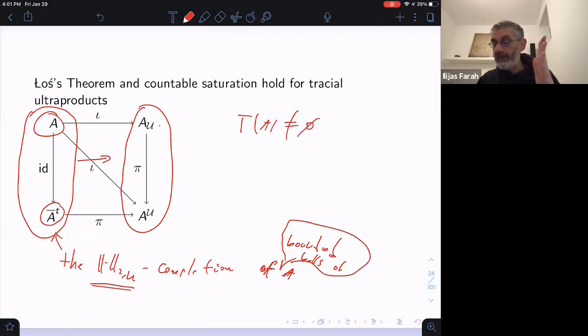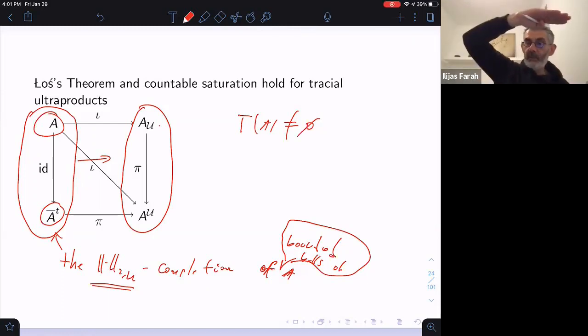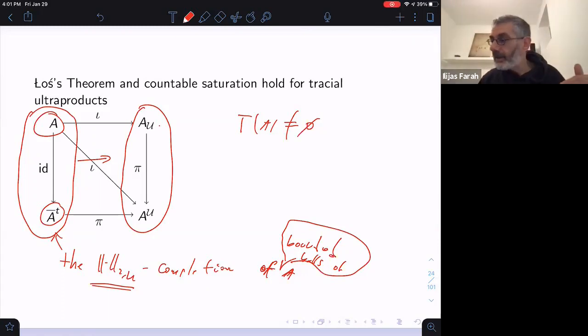Every formula that talks about these two structures simultaneously, how do you evaluate it? You just pull it back to the original pair, A and A's tracial completion, evaluate at each coordinate, and along the ultrafilter you take the limit, and that is the value. Also, this pair with the quotient map is countably saturated. Okay, so what can we do with this?